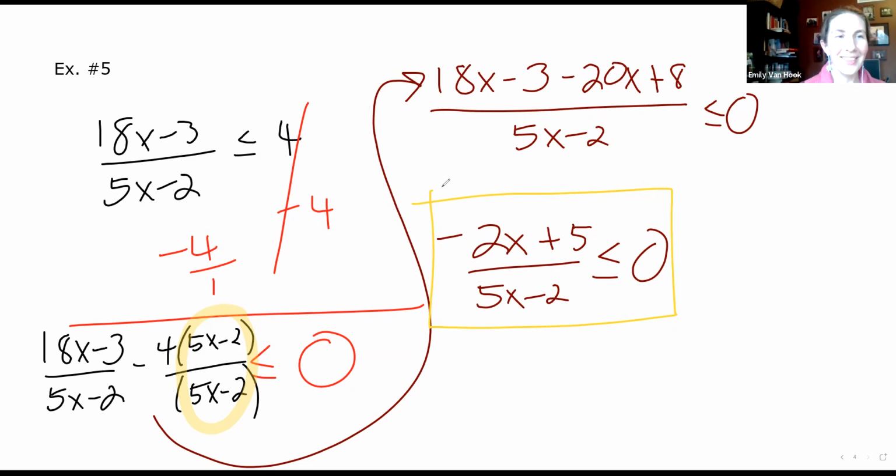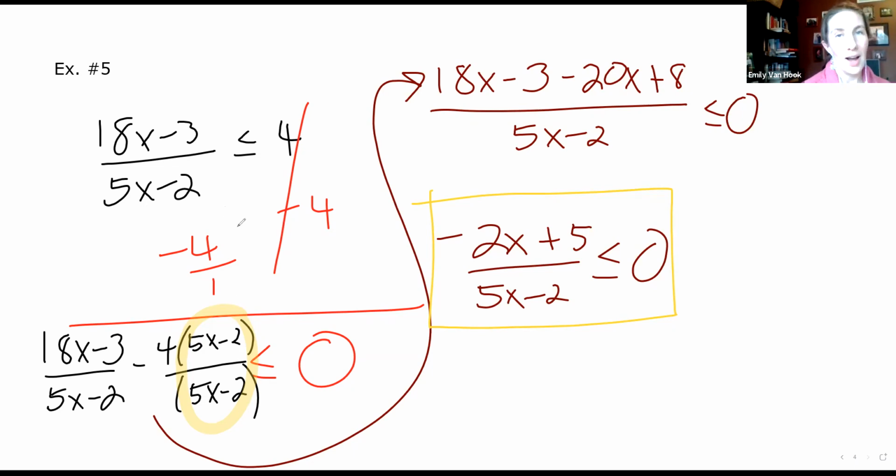We're trying to focus on the number line and inequality topic that's kind of new today, but notice how we need to use something we've done before that may have been a bit of a challenge. Combining rational expressions, remember you need a common denominator. In this case, our common denominator could be 5x minus 2. When we subtracted that 4, think of it like 4 over 1.